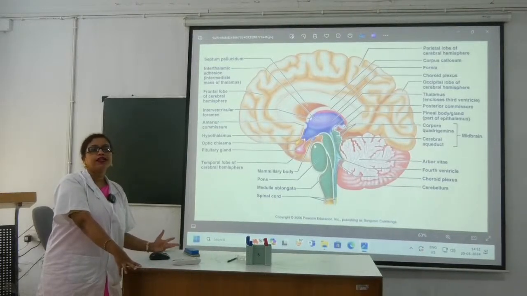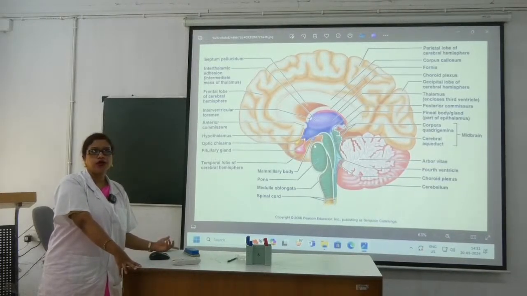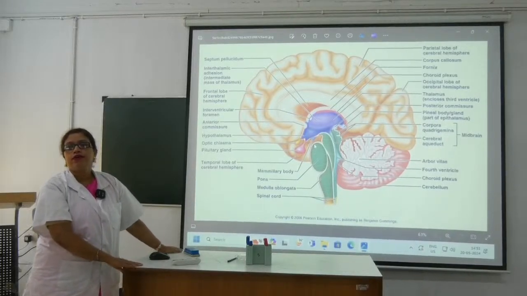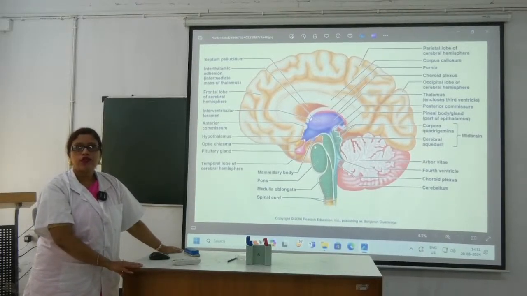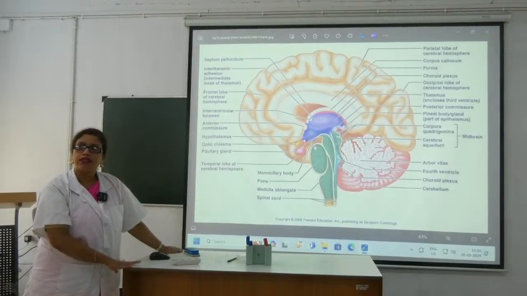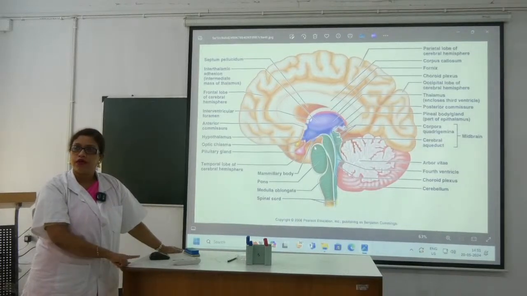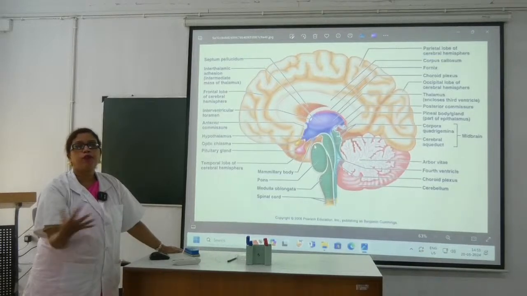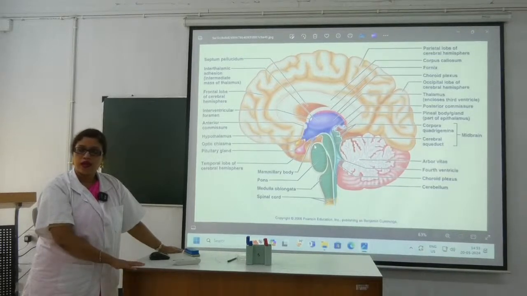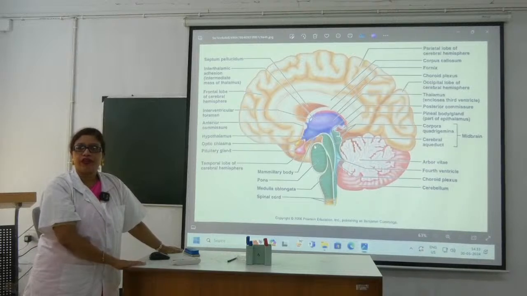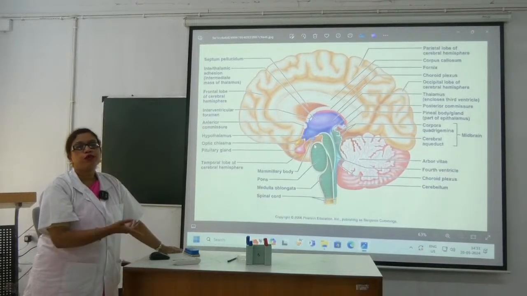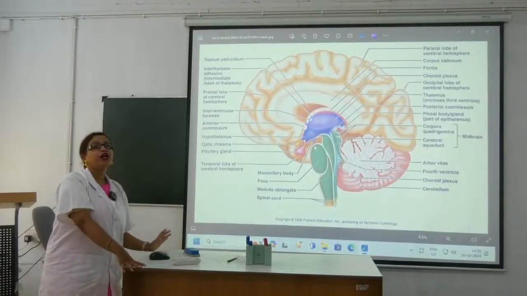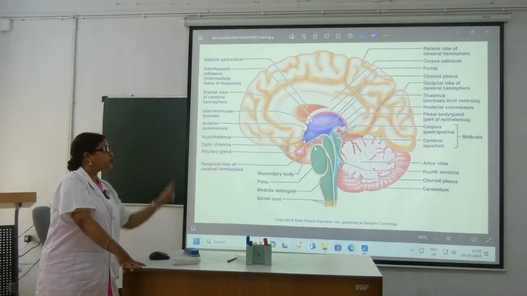Okay, so what are the things you will get in Parkinsonism? I already told you: cogwheel rigidity, resting tremor, and festinating gait. So you will get all these features in Parkinsonism. That is the disease of the midbrain, of substantia nigra. What would be the treatment? You have to give dopamine externally. The whole disease is due to dopamine. So we can understand what the function of substantia nigra is. It will release what? Dopamine. Okay, so this is the midbrain.